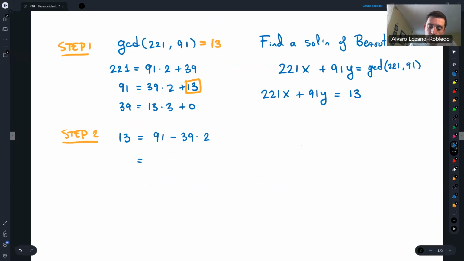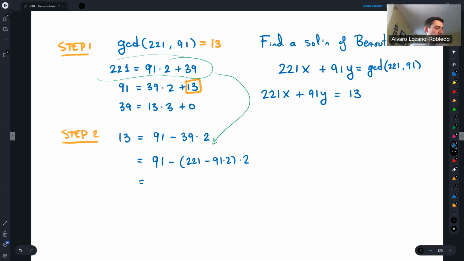And now what I do is plug in. I'm going to use this equation and plug it over there. You solve for 39 and plug in 39 over here. So this is 91 minus (221 minus 91 times 2) times 2.